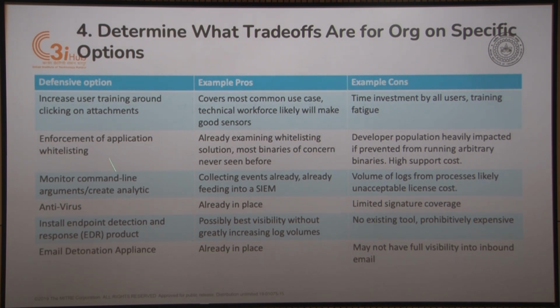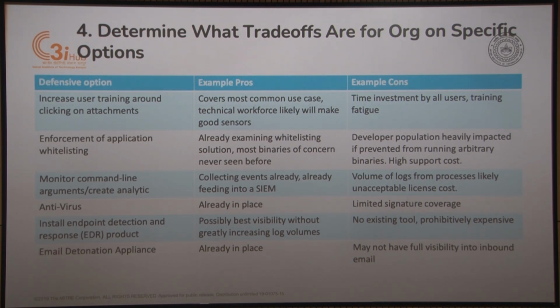The second defensive option is enforcement of application whitelisting. These pros and cons we have to brainstorm, considering what they can be in the future for the organization once we implement the defensive option. We talked about whitelisting applications, and as we saw in the capabilities, we are already examining whitelisting solutions.